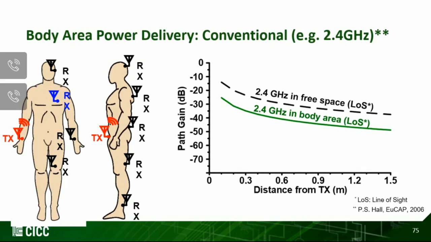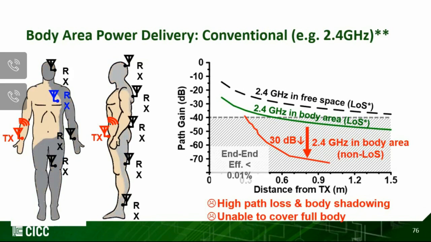And this is exactly the same topic I mentioned at the beginning of this tutorial. This is due to the human body blockage. Under a more practical scenario where there is some body blockage, up to 30 dB more degradation is expected, and this means around 30 centimeters apart from the TX, path loss will be greater than 40 dB, roughly corresponding to the shaded area on the human body on the left.